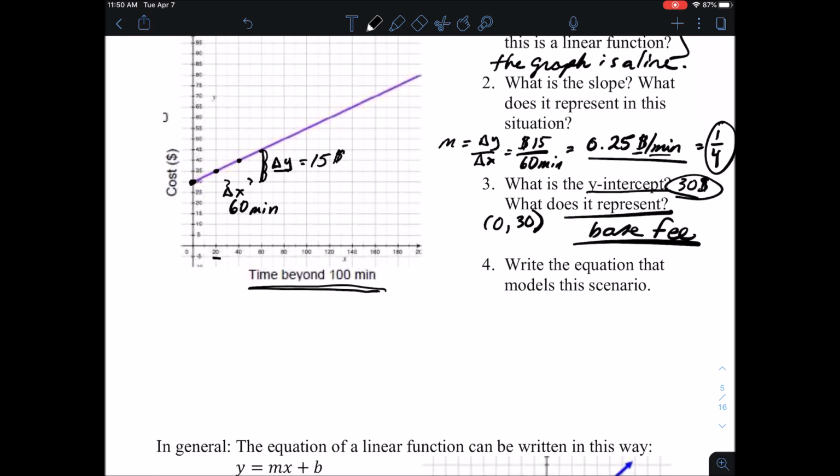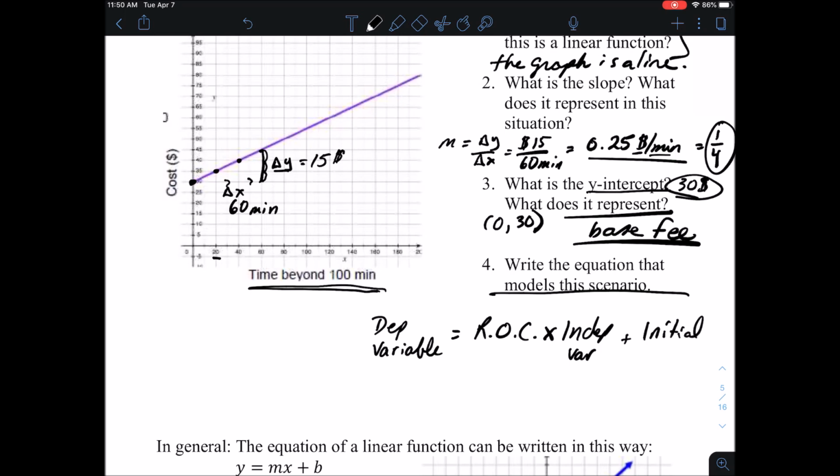And now write the equation that models this scenario. In the previous unit, we saw an example where I would say that the dependent variable equals the rate of change times the independent variable plus the initial value. The dependent variable is the y, the concept on the y-axis, which is cost.